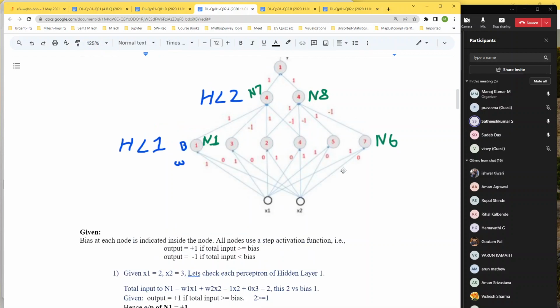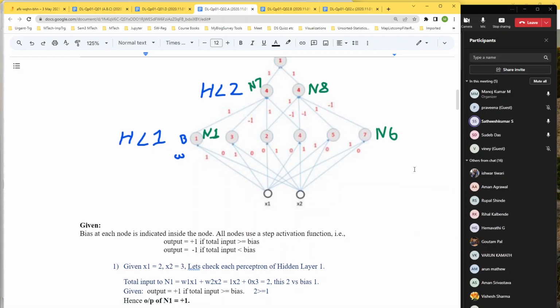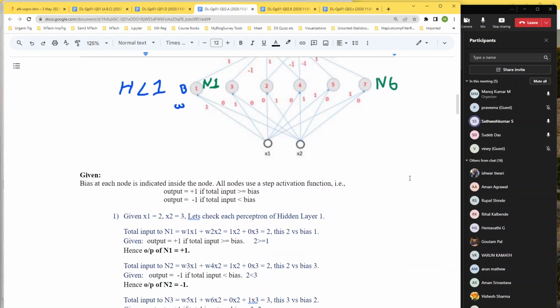In that case, the input is 2. If you compare 2 with 1, 2 is greater than 1. That's why we have got output 1 from the first node, x1 to n1.